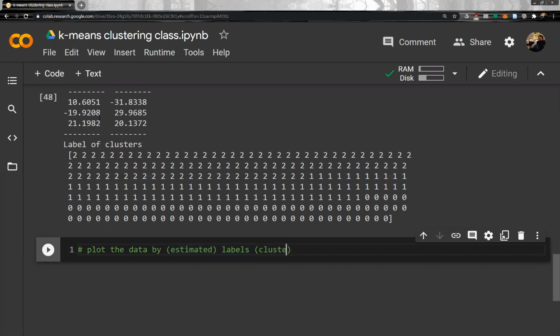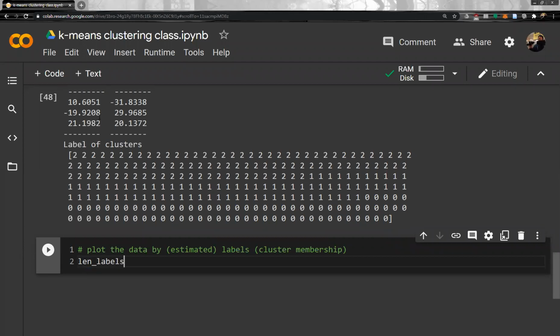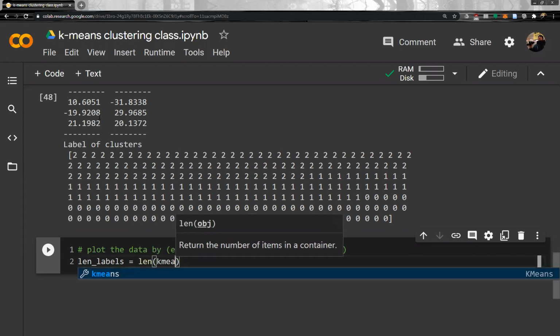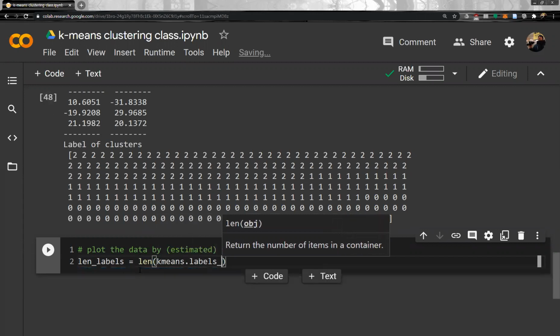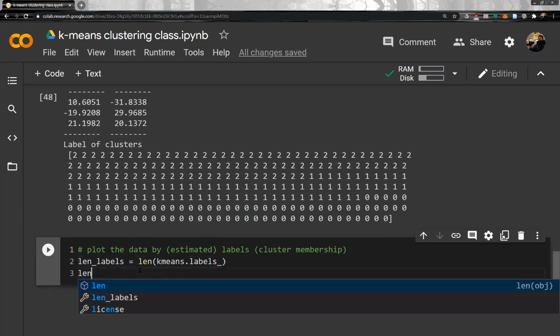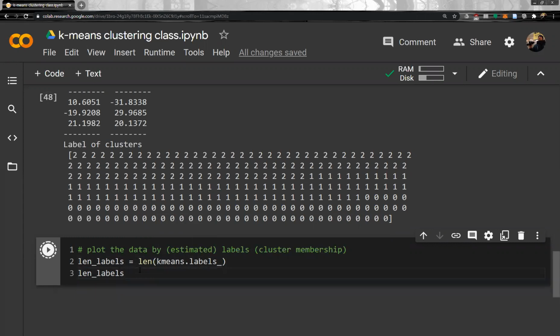So the length of labels is the length of kmeans.labels_, which is 257, as we know.